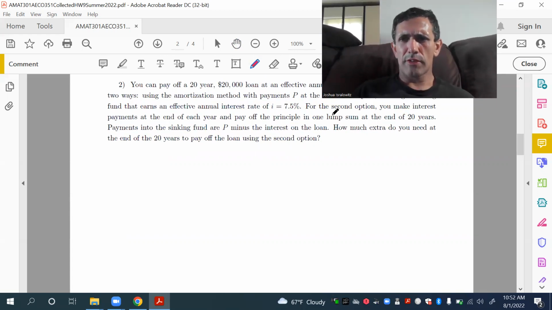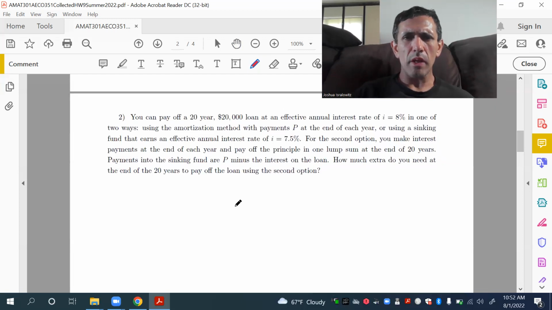All right. So for this next one, you pay off a 20-year, $20,000 loan at an interest rate of 8% one of two ways: the standard way of paying constant payments, P, at the end of each year, or a sinking fund that earns an effective annual interest rate of 7.5%.